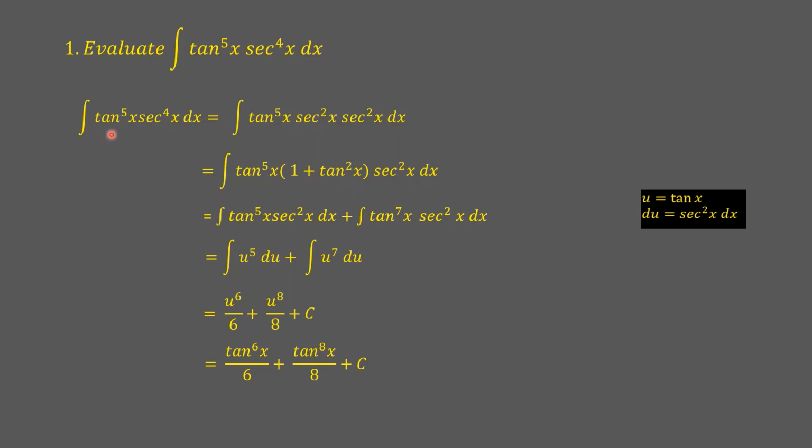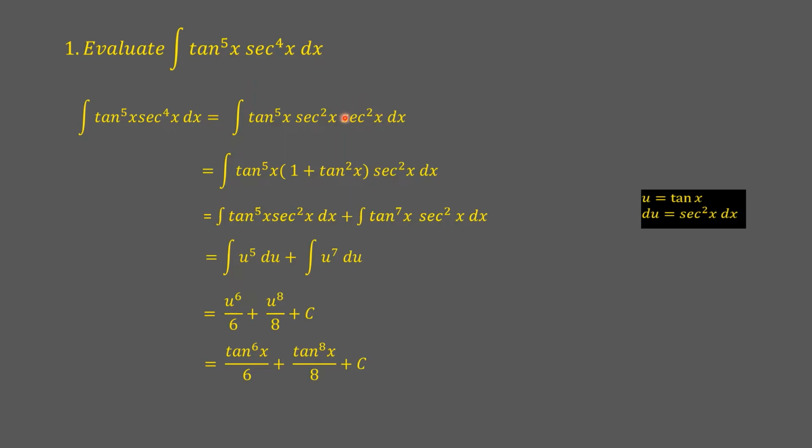Given this integral of tangent to the fifth x, secant to the fourth x dx, what we do is we split off a secant squared x factor from secant to the fourth x, expressing this factor as product of secant squared x times secant squared x.